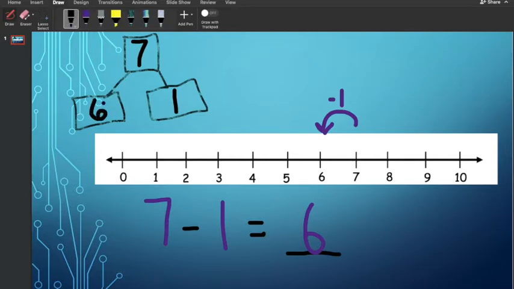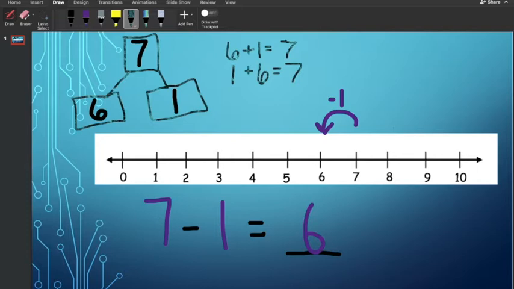Do you see that these 2 parts make the whole? Do you? So if I took that 6 from this number bond and I put it together with the 1, it would give me 7, right? Or I could write the 1 first, it doesn't matter. 1 plus 6 equals 7.